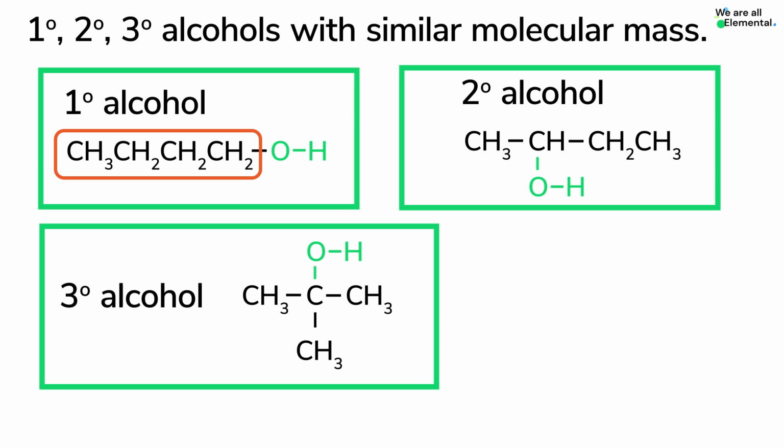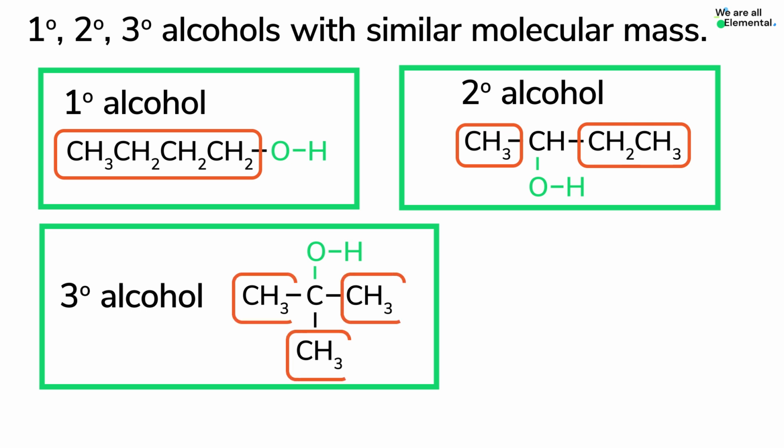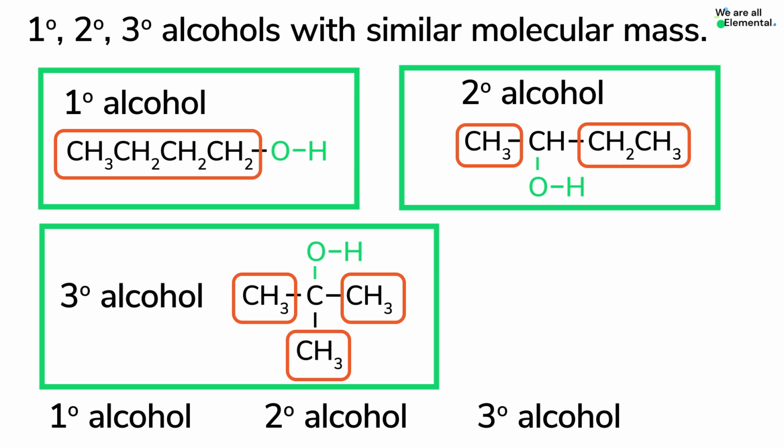The OH group is surrounded by two alkyl groups in secondary alcohol, and in tertiary alcohol, the OH group is surrounded by three alkyl groups. So in tertiary alcohol, the three alkyl groups make it harder for the alcohol to form hydrogen bonds. Therefore, tertiary alcohols have the least boiling point as compared to secondary and primary alcohols.